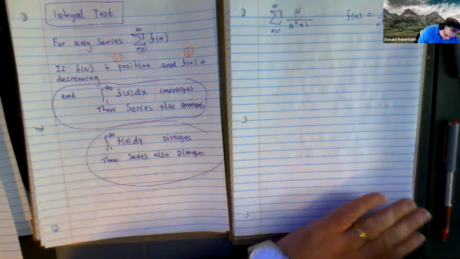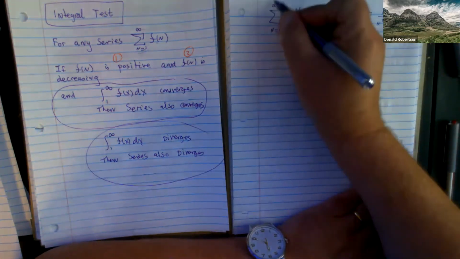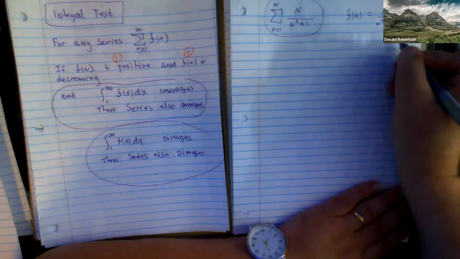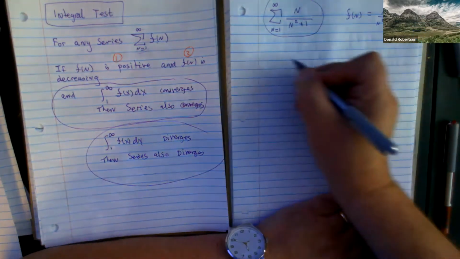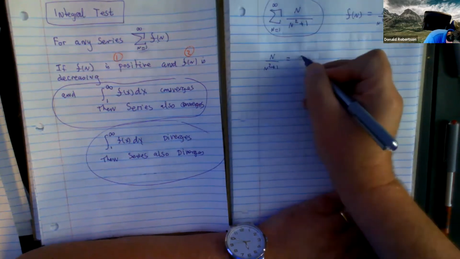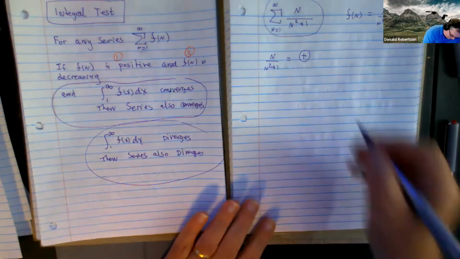So let's look at this and prove it's positive. Now, when you're talking about a series, the assumption is that n has to be whole numbers. It has to be 1, 2, 3, 4. So n over n squared plus 1. Would you agree that n is positive, because it's 1, 2, 3, 4, 5?